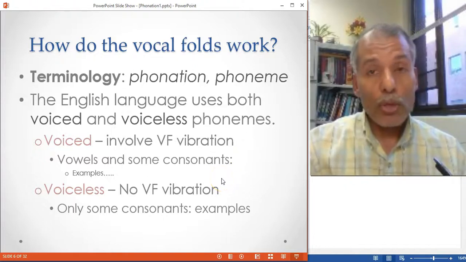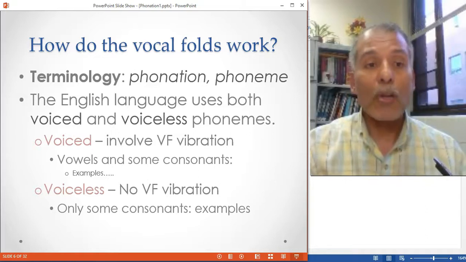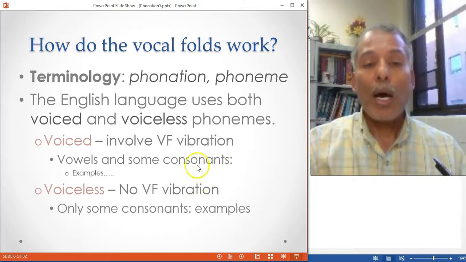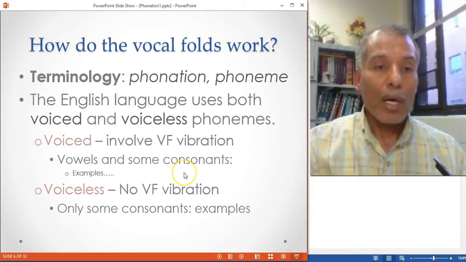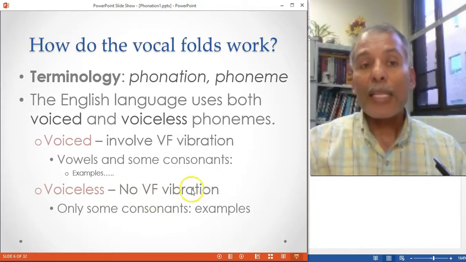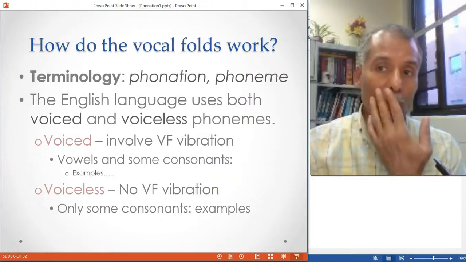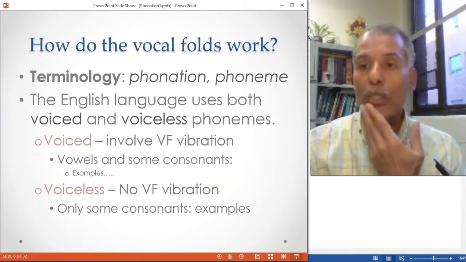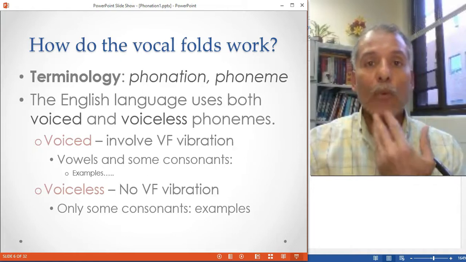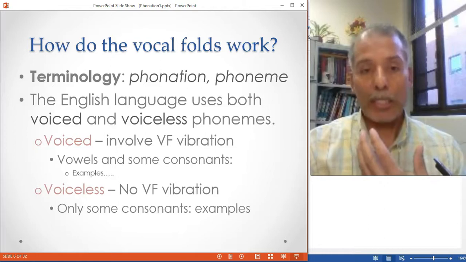So I'd like you to remember to be able to give examples of voiced sounds, voiceless sounds, and also the sounds that have a combination of voiceless and voiced. Any consonant that has both voicing and oral cavity noises or vocal tract noises, we call a voiced consonant.